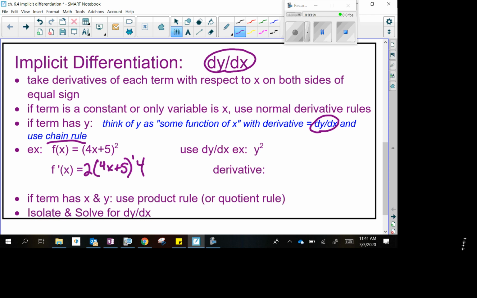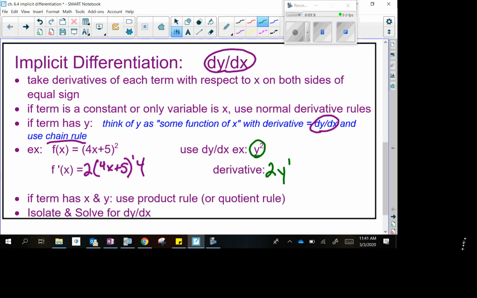So when we have a function that has a y in it, we're going to do the same kind of process. We're going to take the derivative of just y. For instance, with y squared, the derivative is 2y, and then subtract 1 from the exponent, giving it a 1.